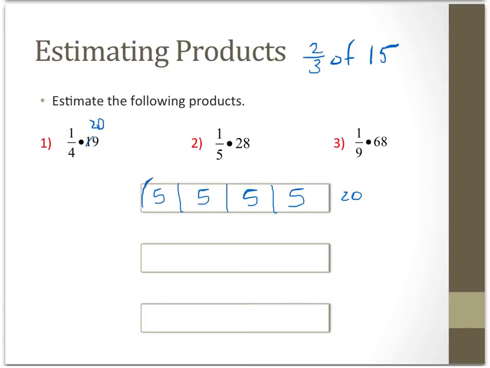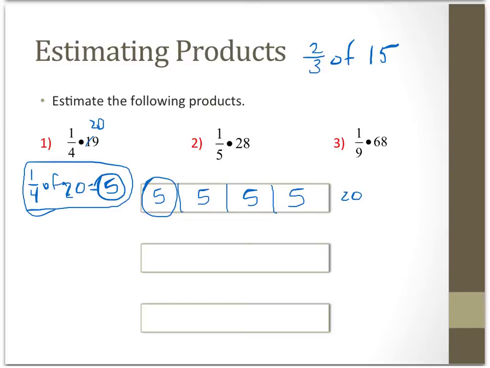Well, one of those pieces then would be worth 5. So 1/4 of 20, or 1/4 times 20, is going to equal about 5, and that's going to be my estimation. So now I can use the bar diagrams like what I've shown you, or you can simply use the numeric model like this. It doesn't matter.